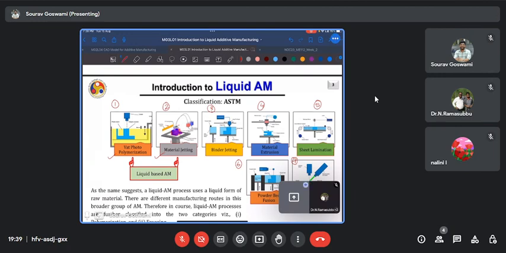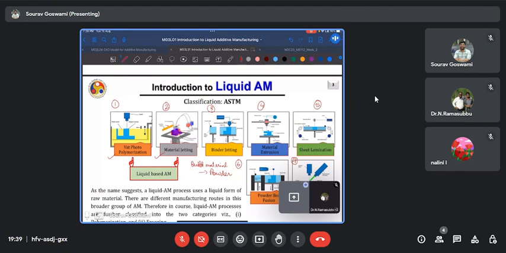One may argue that the binder in binder jetting is also liquid and it is jetted. So, should that also be classified as a liquid-based AM? The thing to note there is that in binder jetting, our build material is actually powder, and it is the binder material that is liquid.